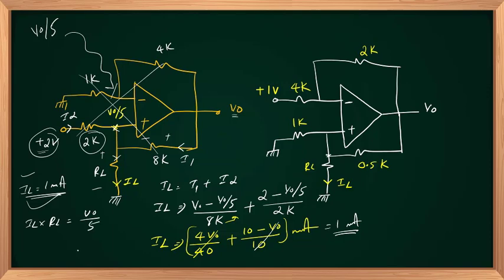So V out is nothing but 5 times RL. Depending on the value of RL, your output will vary, and that output should be positive as expected.